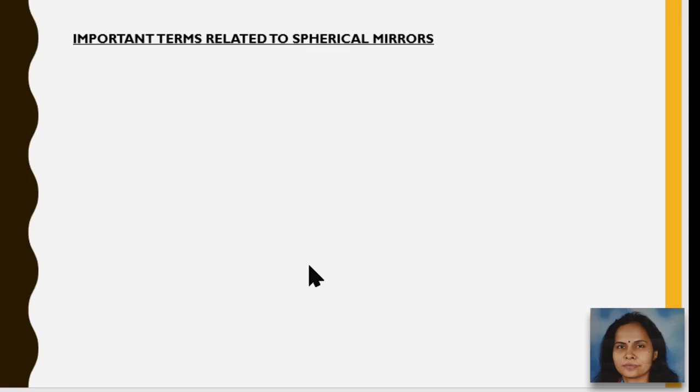Those terms can be understood for the convex mirror as well. So here I'm writing for the convex mirror. Let's draw the diagram for the convex mirror also. As I have already discussed, every spherical mirror is a part of a hollow sphere.